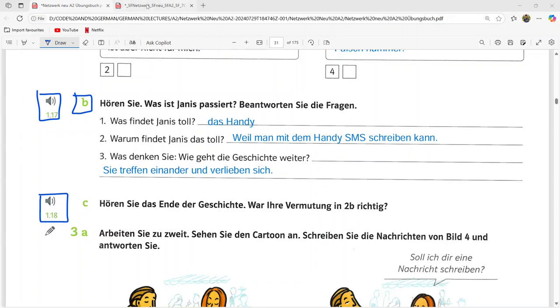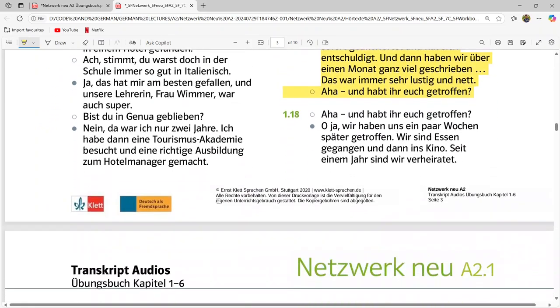Okay. So let us go to the transcript. So the friend is asking, did you meet each other? So, aha, und habt ihr euch getroffen? And now Yanis is saying, oh yeah, wir haben uns ein paar Wochen später getroffen. So we met each other one week later. Okay. Wir sind essen gegangen und dann ins Kino. So we went for eating and we went to cinema.